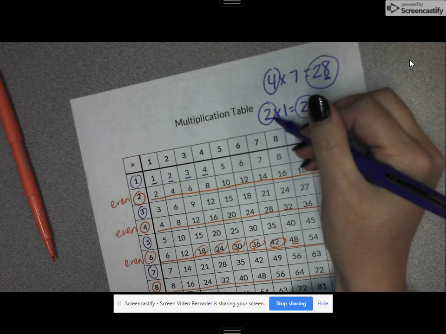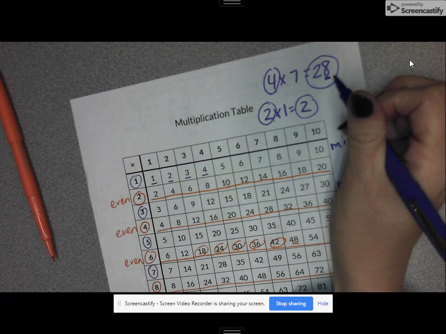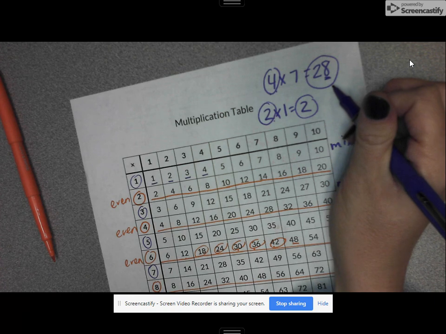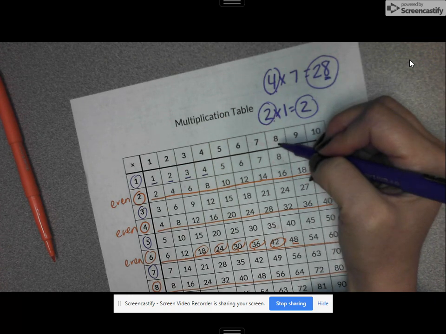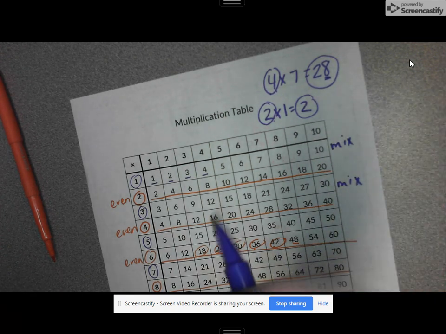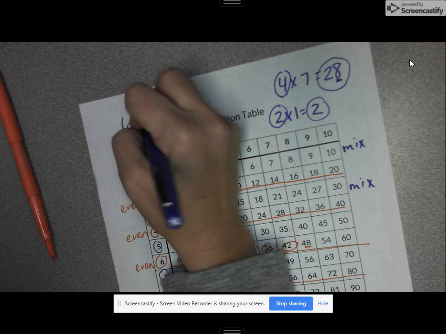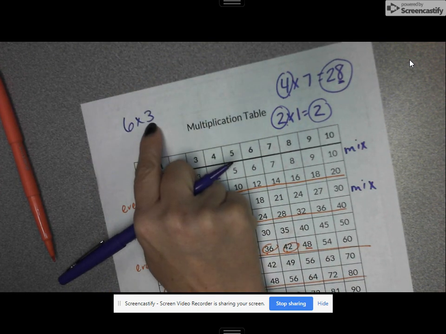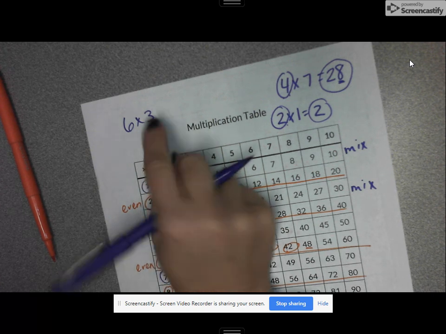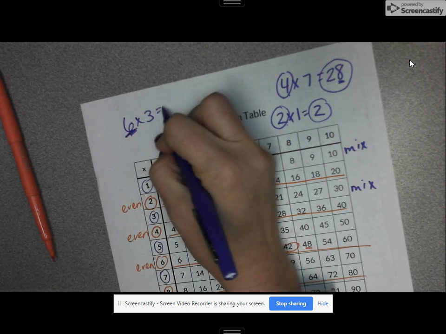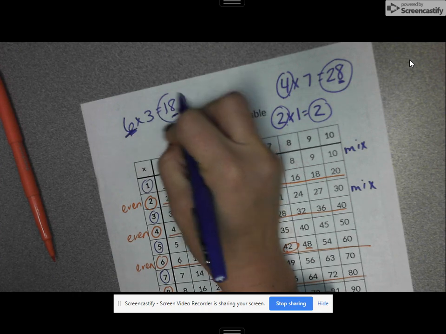Anytime one of these factors is an even number, you're always going to end up with an even number. If you have an even times an odd number, you're still going to get an even number. So if you did 6 times 3, 6 is even and 3 is odd. But even though 3 is odd, as long as I have an even number in there, my answer is going to end up being an even number.